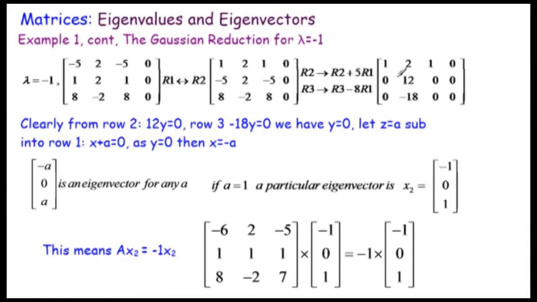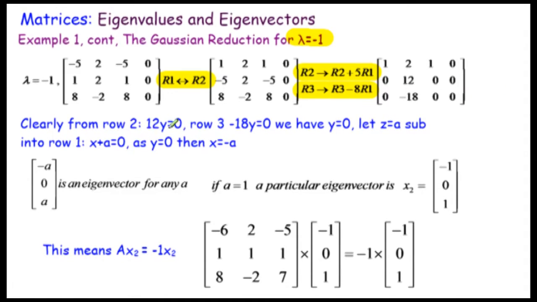Okay, well, let's continue on. We're now going to use the next eigenvalue, lambda equals -1. We put it in, and we have to do some row reductions, obviously. You can see here, we go through a process, swap a couple of rows, and do a bit of work on the different rows to try and reduce them. Now, from here, we could reduce one of these rows to 0 quite easily.